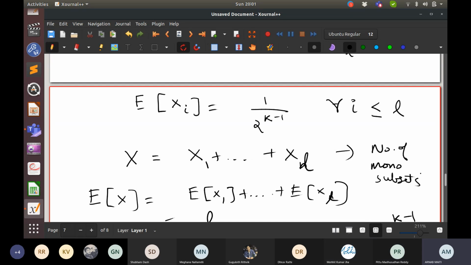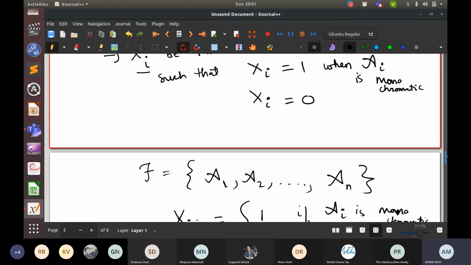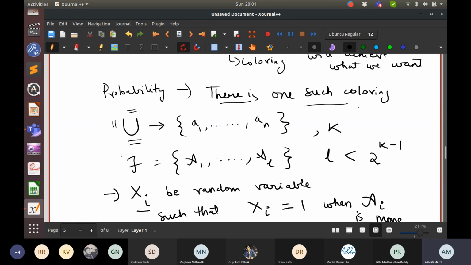But what I wanted to show you is that you can solve some problems using probability also. If there are problems where they ask you to show existence, and there are nice properties where you can introduce probability, like coloring, you try to define a probability space and then solve the problem.